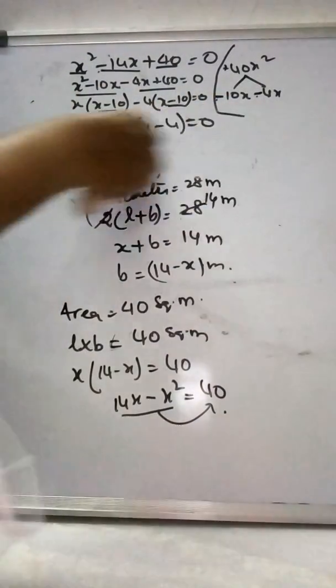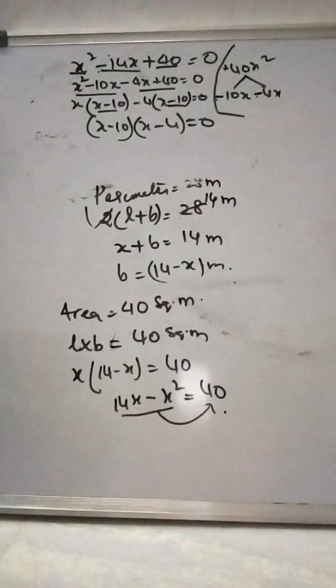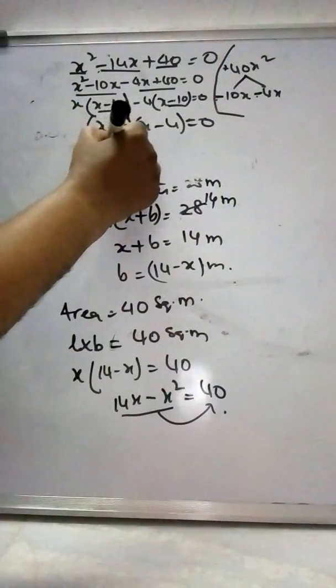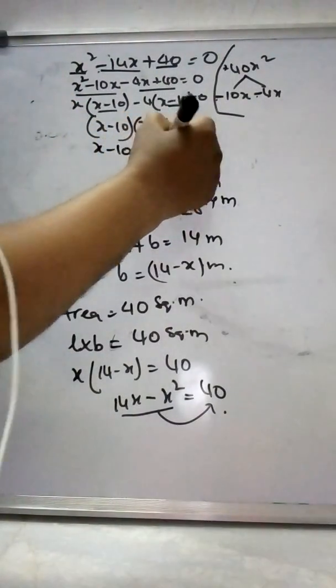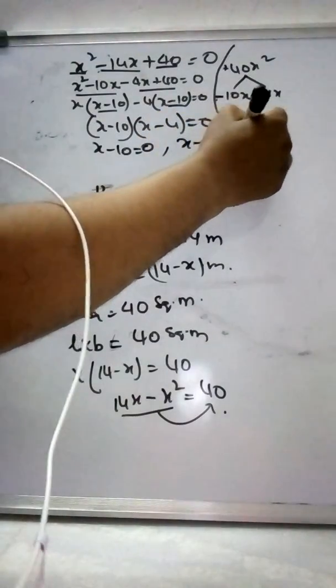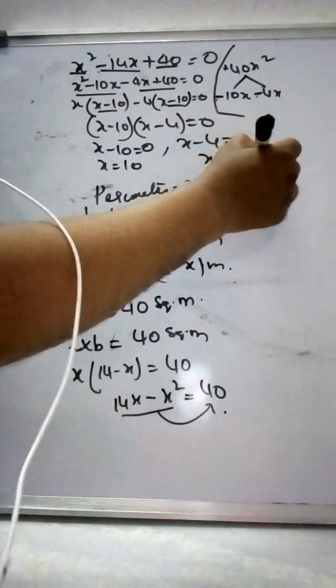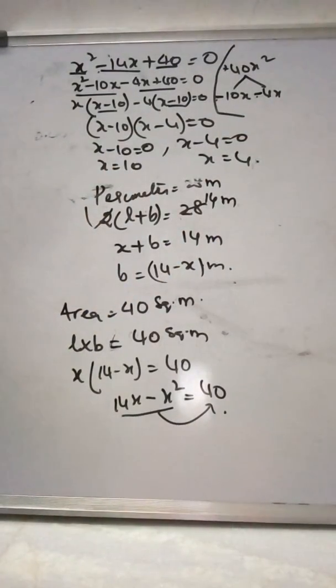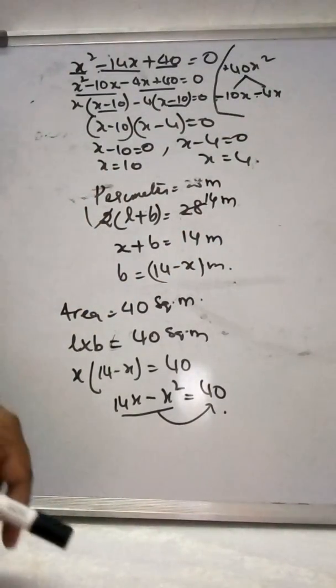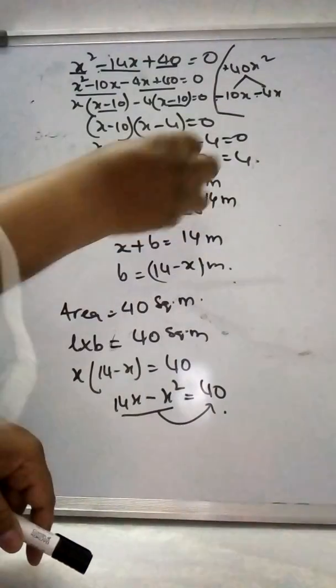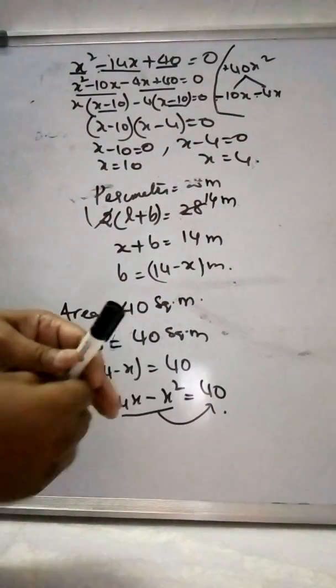So now again you see, x minus 10 is equals to 0, individually I am taking, and x minus 4 is equals to 0. So x is equals to 10 and x is equals to 4. So when I have length as 10, then the breadth will be 4 because the breadth I got as 14 minus x.